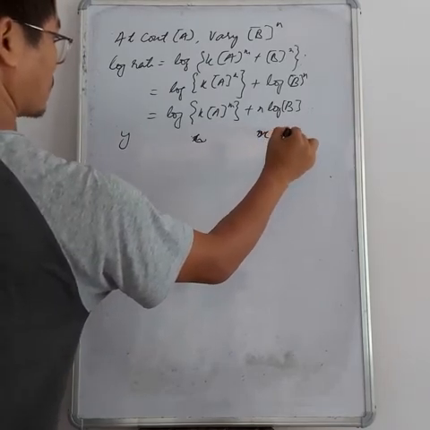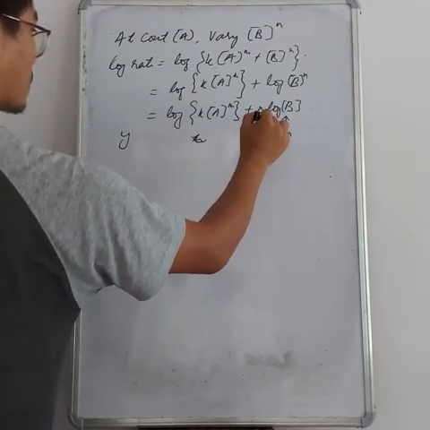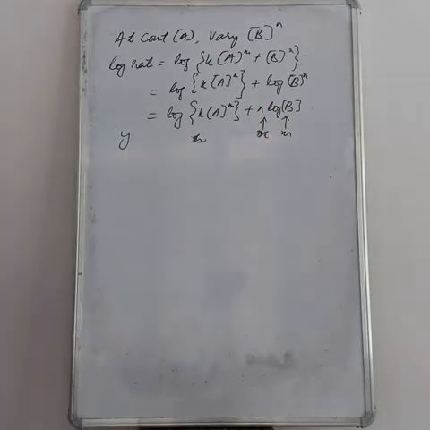This is our slope. So we're getting a straight line for this.